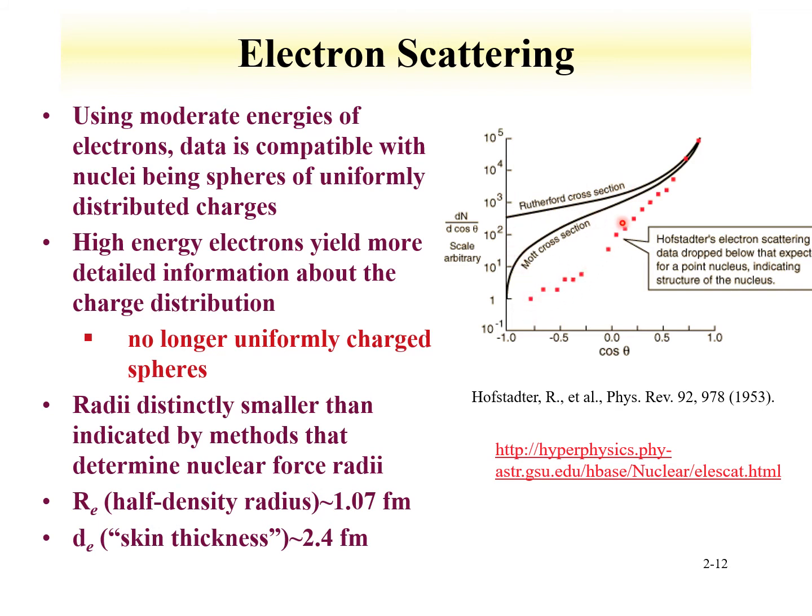Now to explain this data, you start to bring in information related to nuclear structure that shows variations. One of the things that can be seen with electrons is that the radii are distinctly smaller than other methods. There seems to be a half density and a skin thickness associated with nuclei.